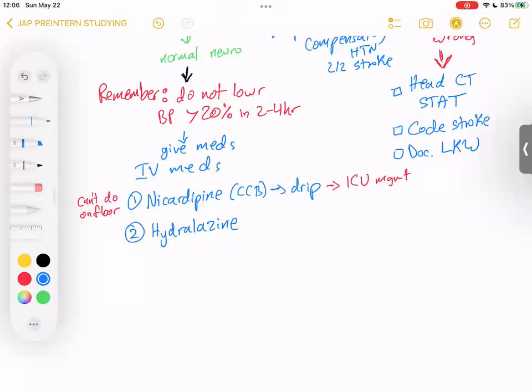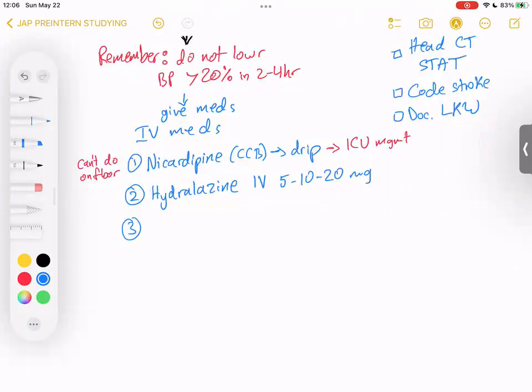So it's an arteriodilator, right? Hydralazine will work on the afterload of the heart. It will lower the afterload of the heart, okay? So you can give IV hydralazine, and the doses you can give are either 5 or 10 or 20 milligrams, okay? What's another option, if you know?